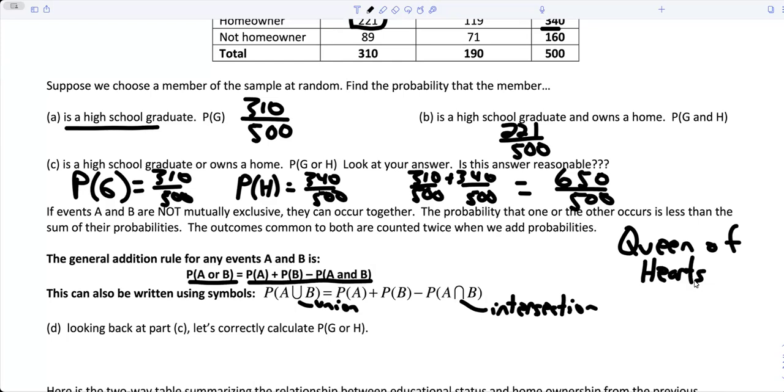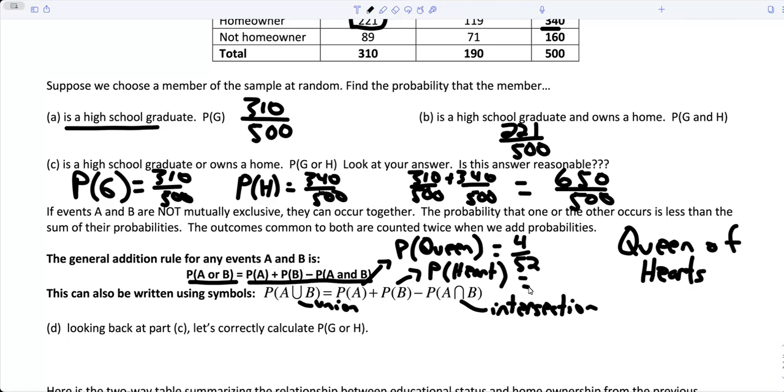So let's define A as the probability of selecting a queen. How many queens are in a standard deck? There are 4, because there are 4 suits, right? So this would be 4 out of 52. And so the probability of B is going to be the probability that you select a heart.